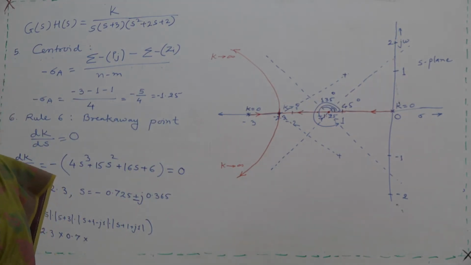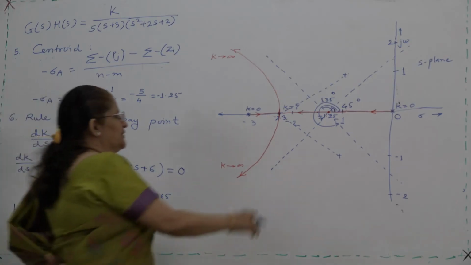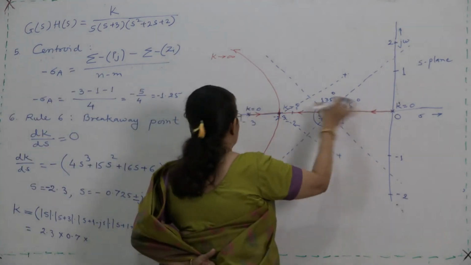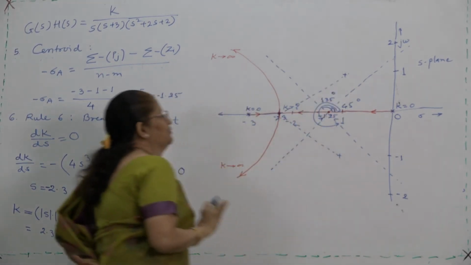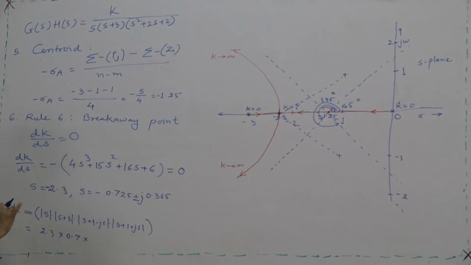Multiply it, and use the scale to measure it properly. If you are using 2 centimeters equal to 1, you have to scale these phasors properly too. So use the scale and measure the length of that.